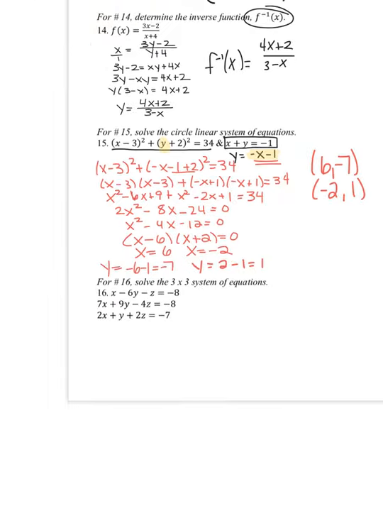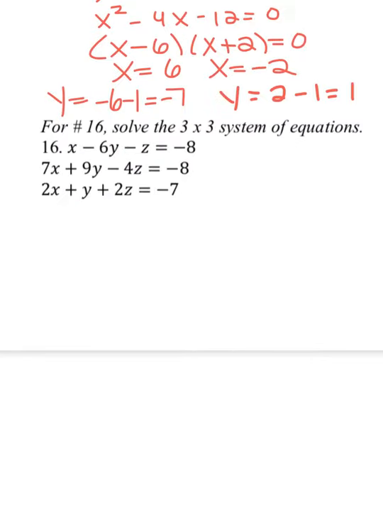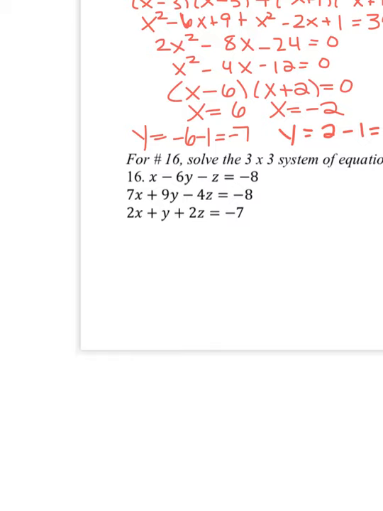And last one, number 16, I told you I want you to know how to do it algebraically. I'm going to just cross out this number 16, that way I don't get confused with my numbering. I'm going to eliminate my z's. So in equation 1 and equation 2, I would multiply the top equation by negative 4. So this is now negative 4x plus 24y plus 4z equals 32.